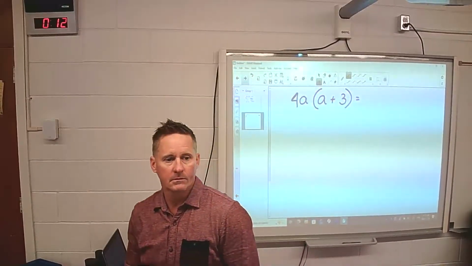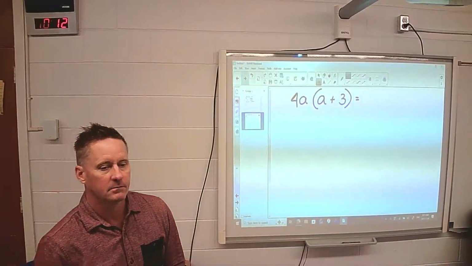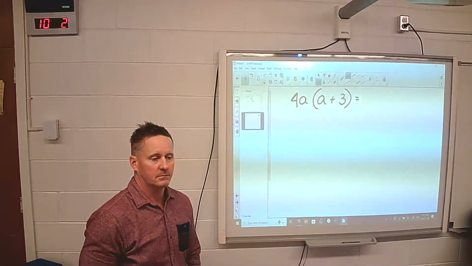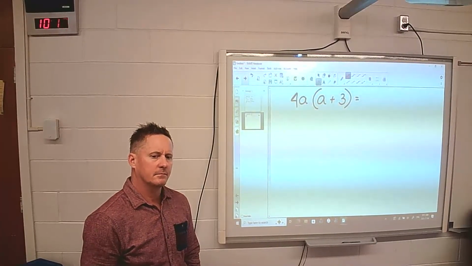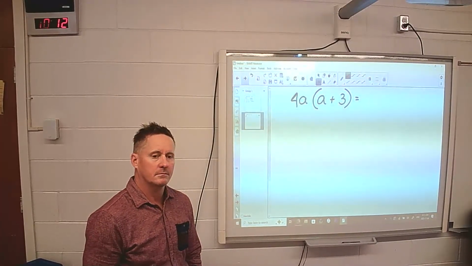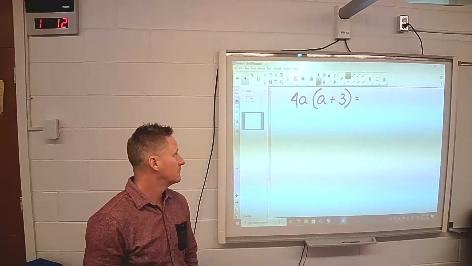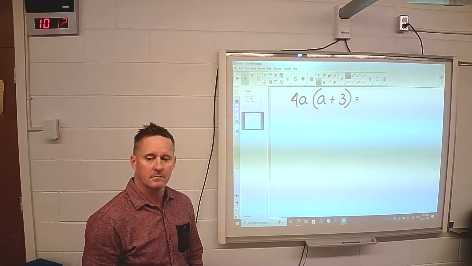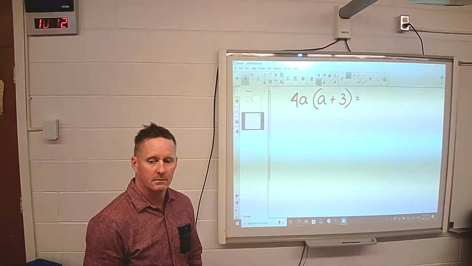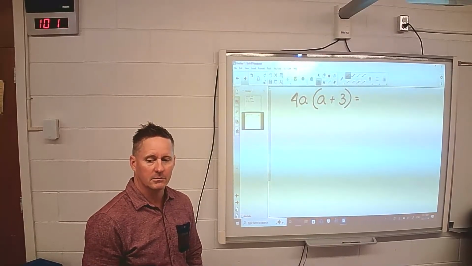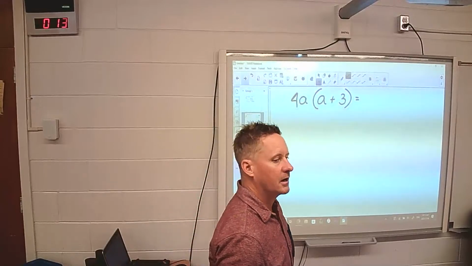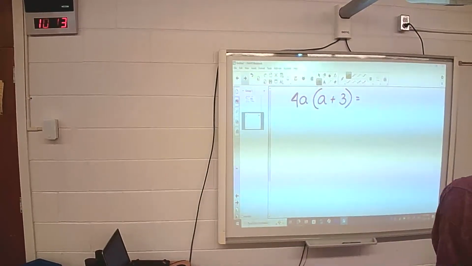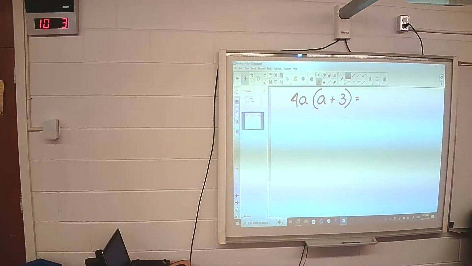Would you start with the 4 times 3, 12, and then a squared again? 4a squared plus 12a? Close. Jack, you would times the 4a by the a and then add those together.